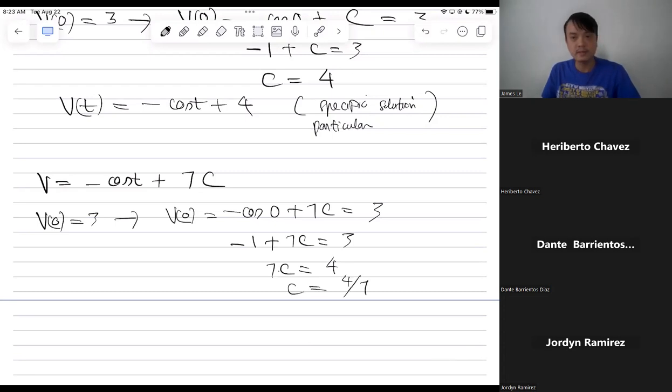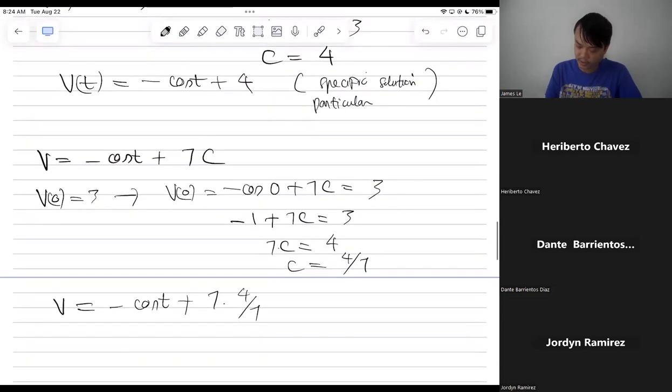So if someone writes 7C for the general solution, their C is 4 over 7. So when they put it in, the solution is going to be negative cosine t plus 7 times 4 over 7.